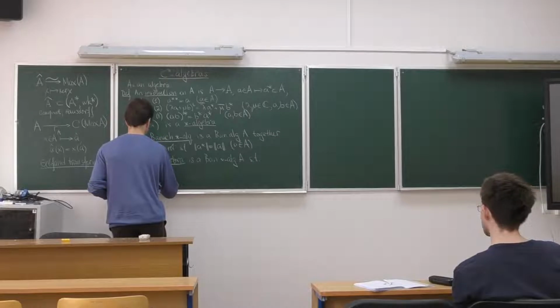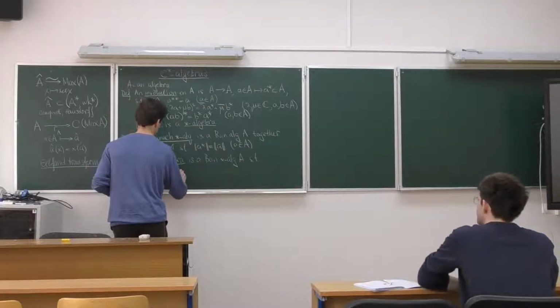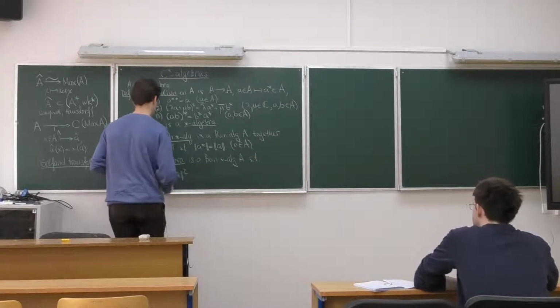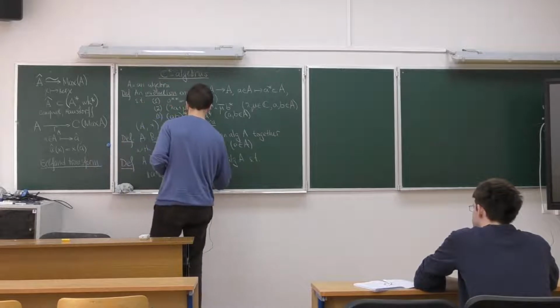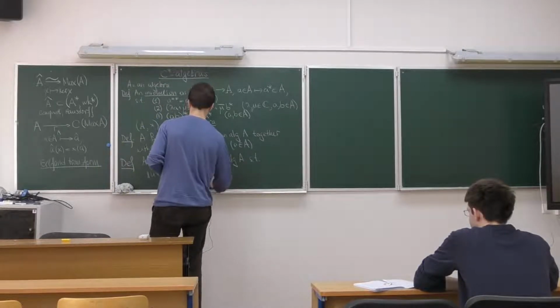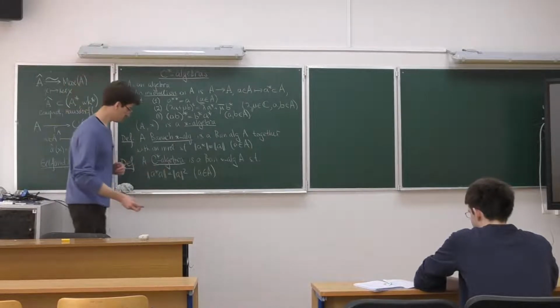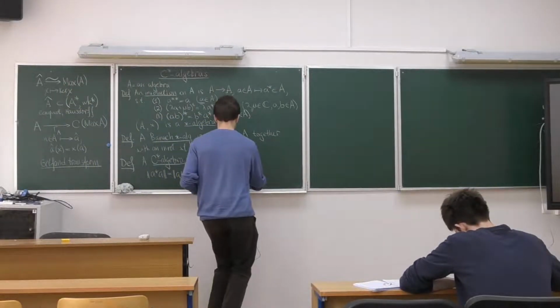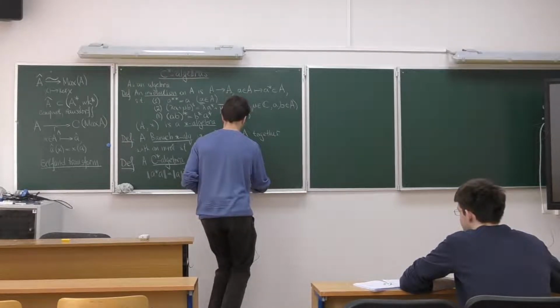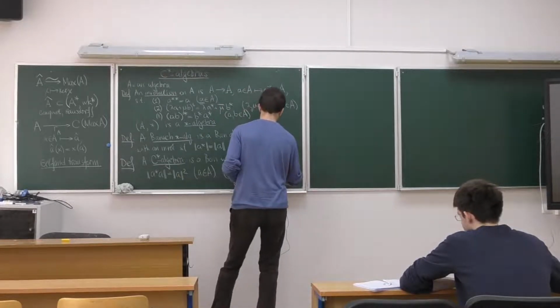The norm of a star a equals the norm of a squared for all elements a in the algebra. And this identity is called the C-star axiom, or the C-star property.